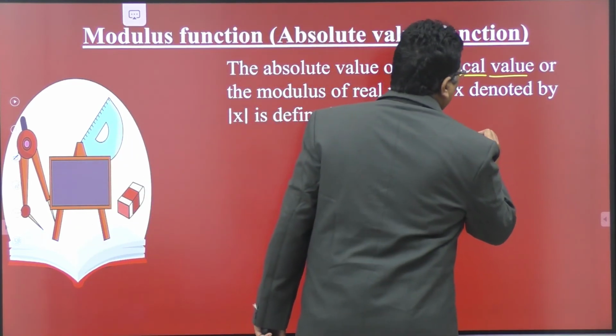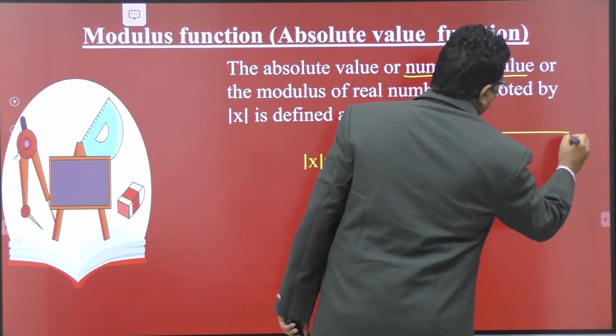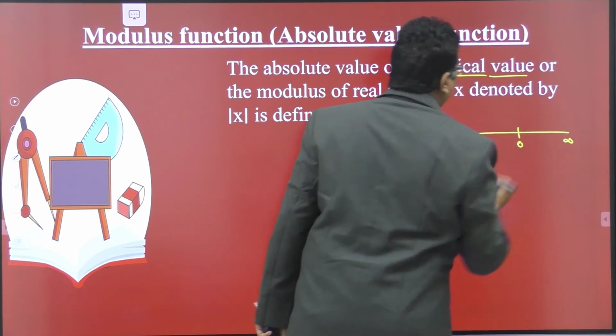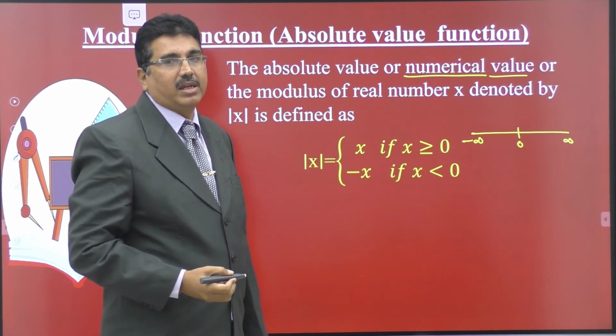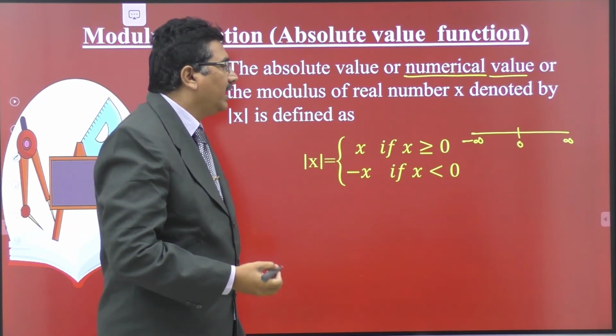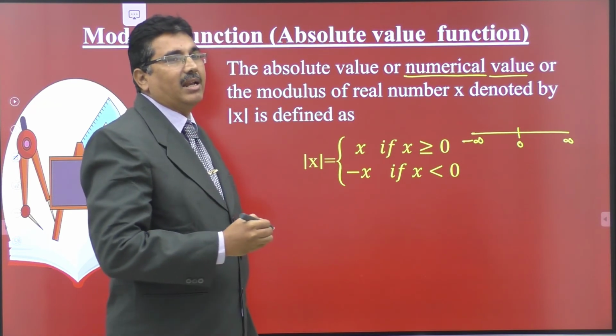Suppose this is a real line, -infinity to infinity. This is 0, a real number. Mod x means the distance between 0 and the real number x.